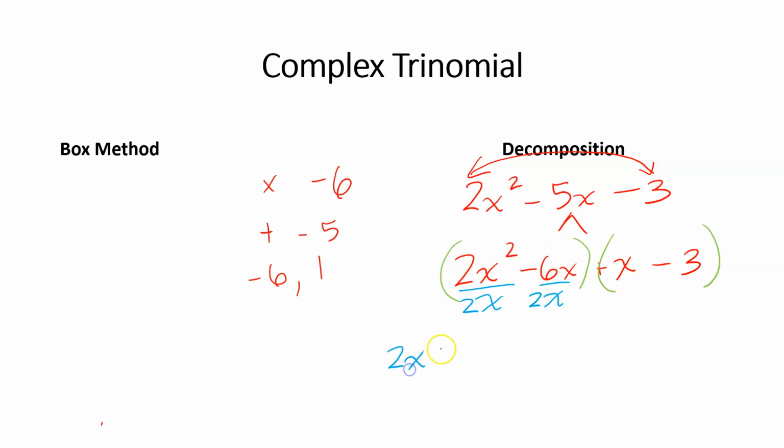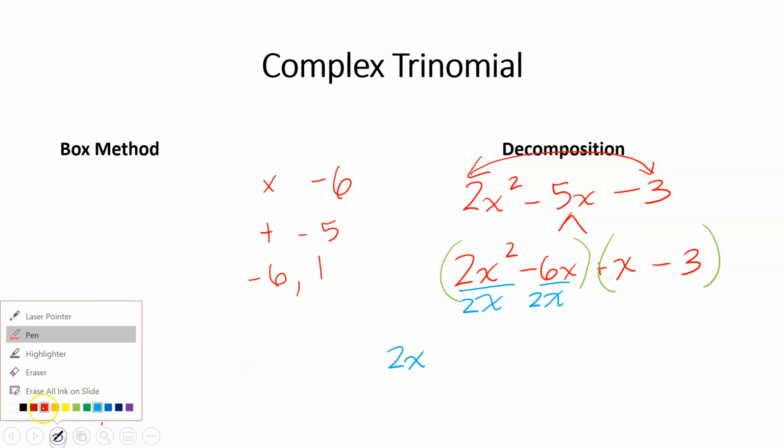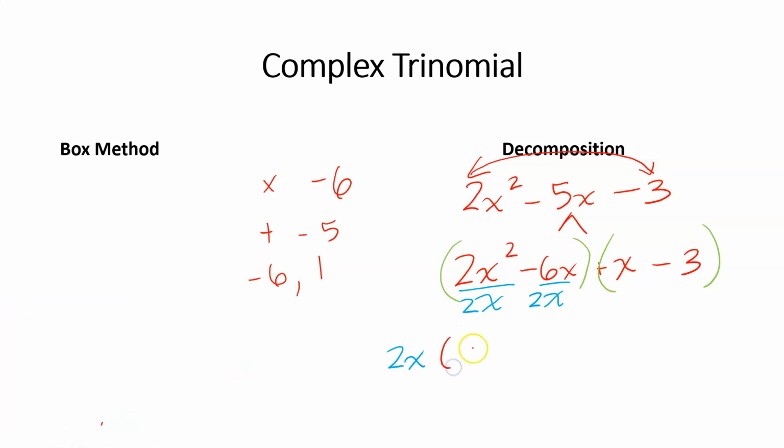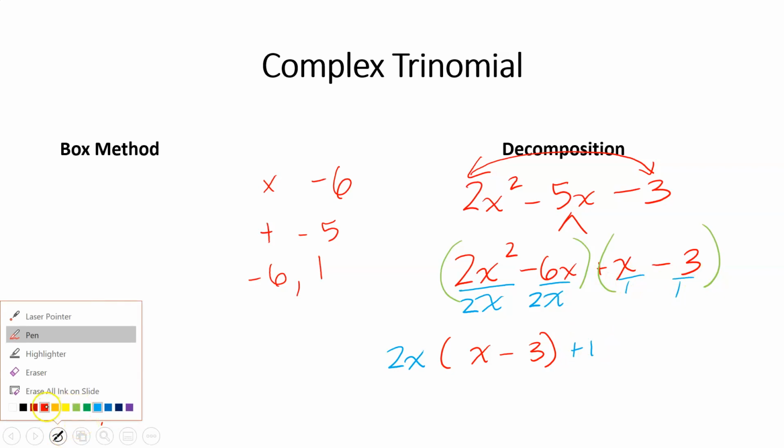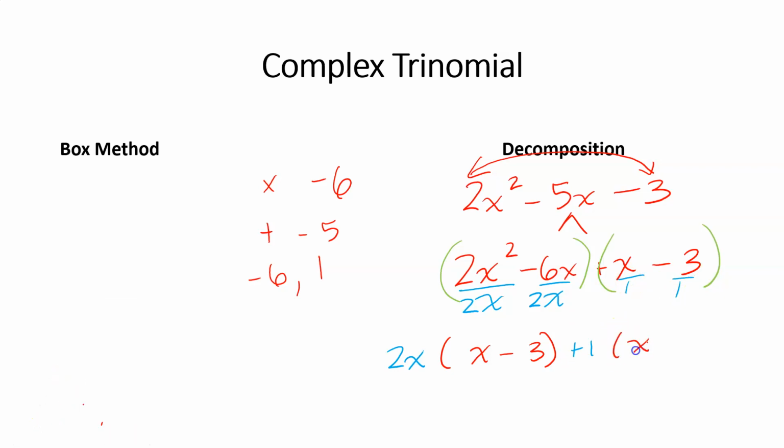So that's what I'm taking out. And this is what's left behind. Okay, all right, so there's nothing really common about x and minus 3. So I could use a 1. Okay. What's left? X minus 3.